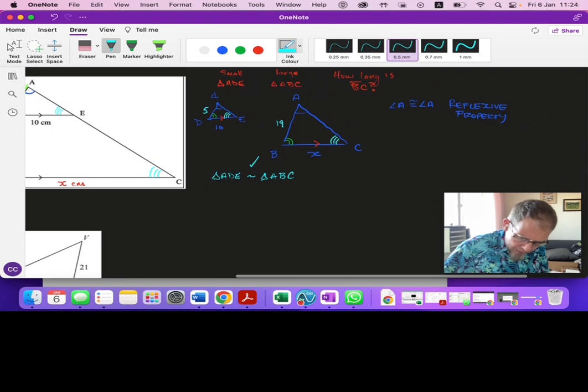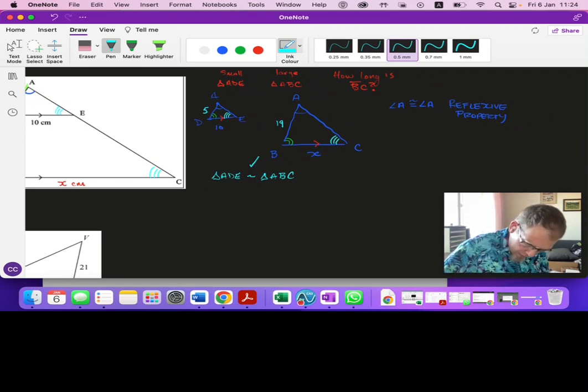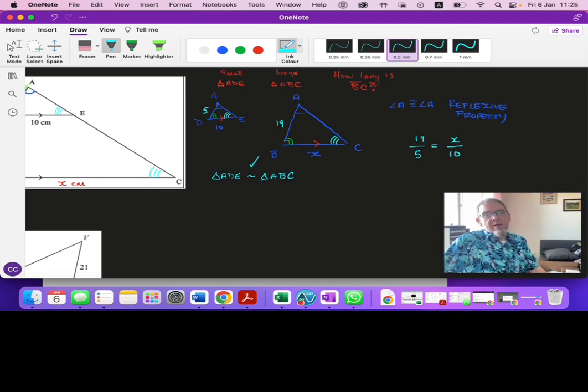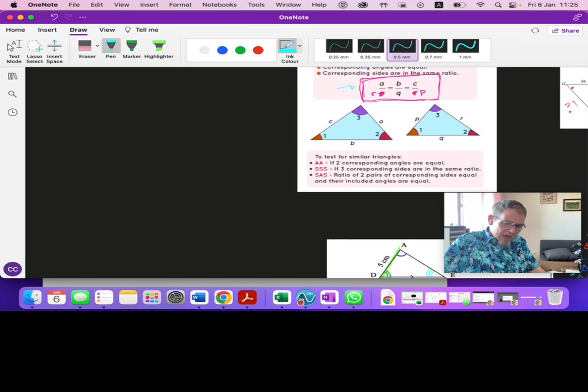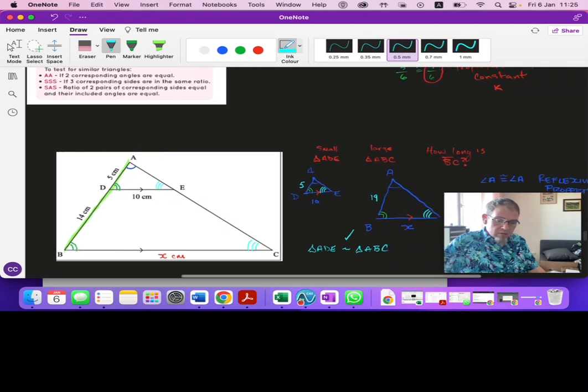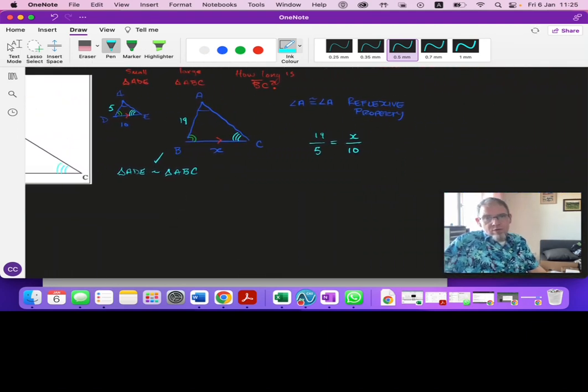So in this case, 19 divided by 5 is the same as x divided by 10. That is because in order for them to be similar, we have to have this relationship. It has to work. If it doesn't, we're not similar, and it's game over. If that's true, then we can solve for x by cross-multiplying and dividing.